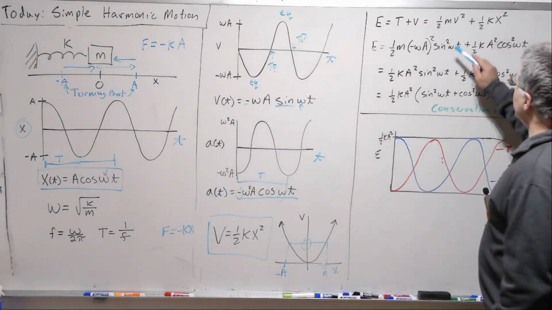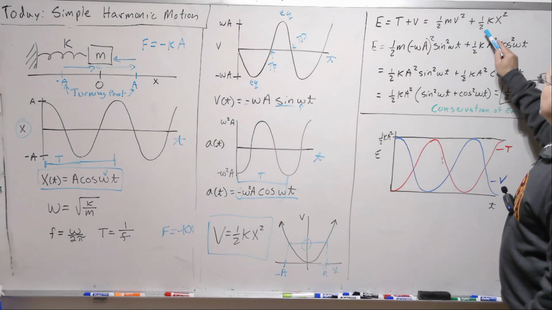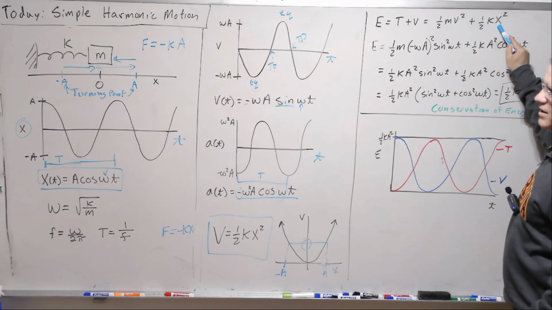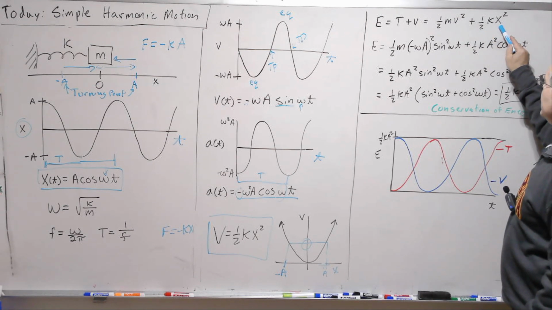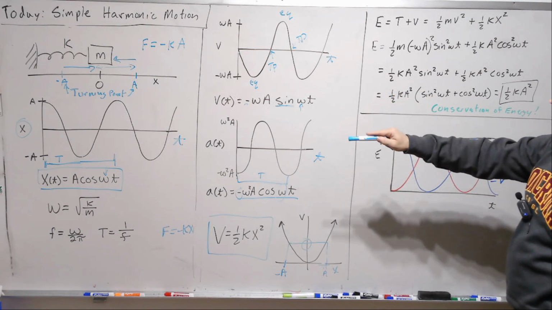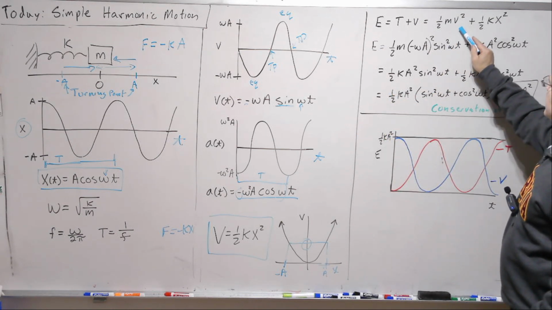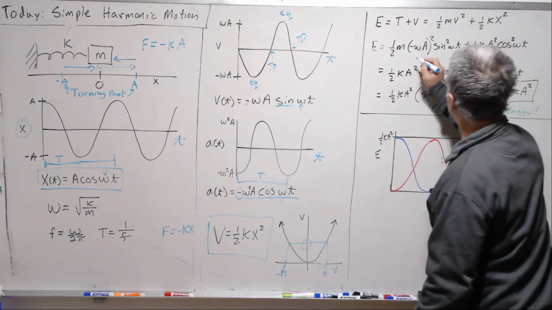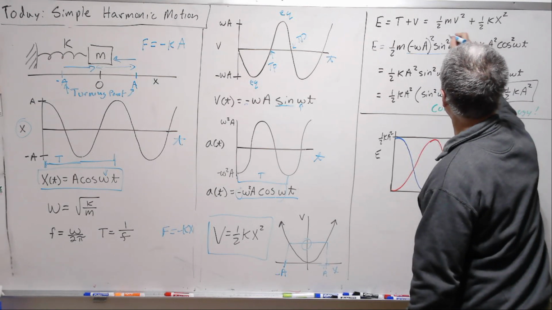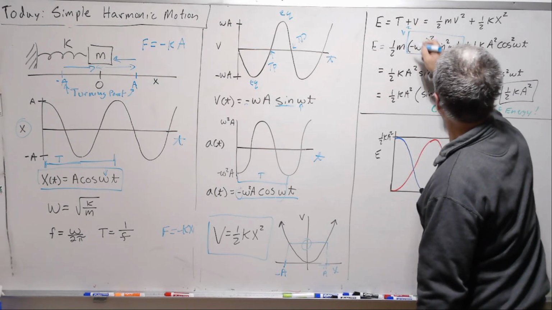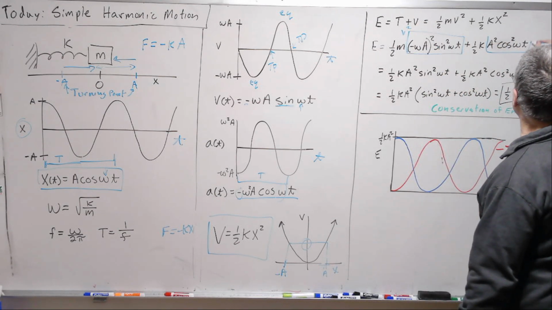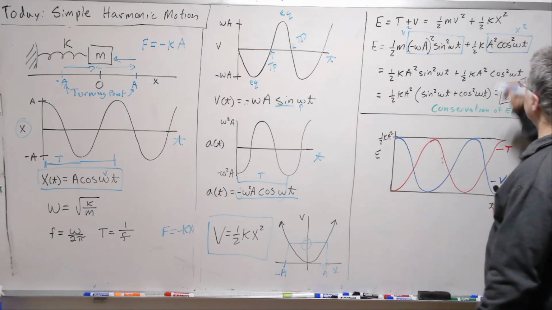So kinetic energy, 1/2 mv squared. The potential energy, 1/2 kx squared. Well, I know my v's and my x's now from over here. So I'll square the v, that's this part here. This is v squared. And then I'll square the x, that's x squared.